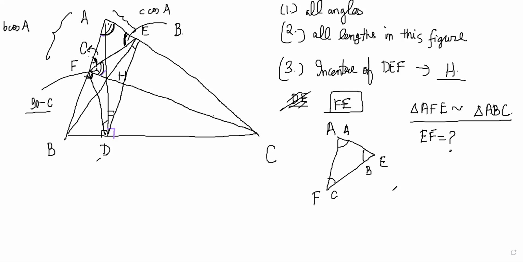So, sir, we know that AE is in ratio with AC. No, that is why you don't know similarity. That is the problem. How is AE in ratio with AC?